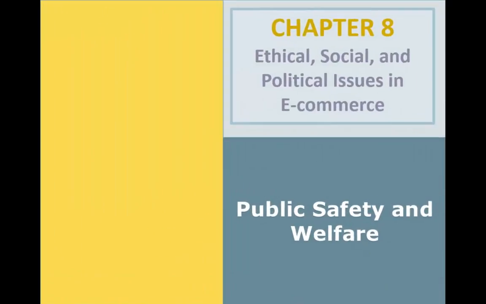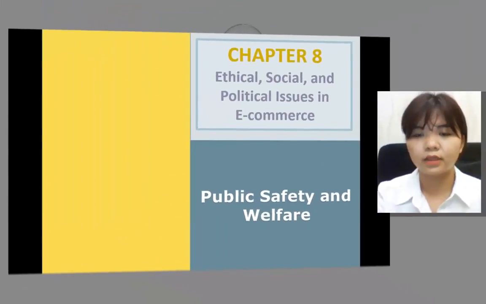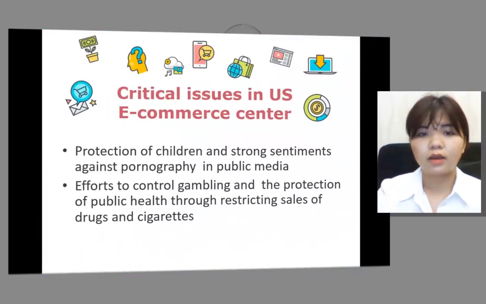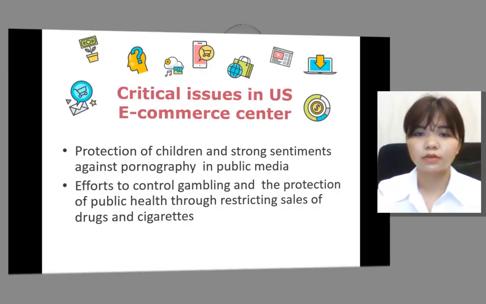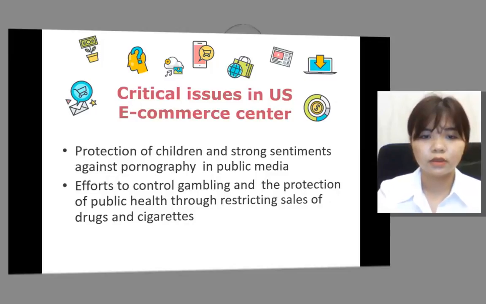Now I want to move to my part, which is about public safety and welfare. In this part, I will discuss the ethical issues in U.S. e-commerce. There are two main issues. The first is the protection of children and strong sentiments against pornography in public media.